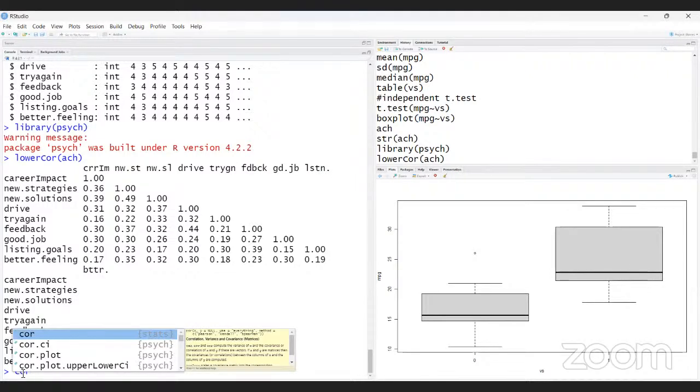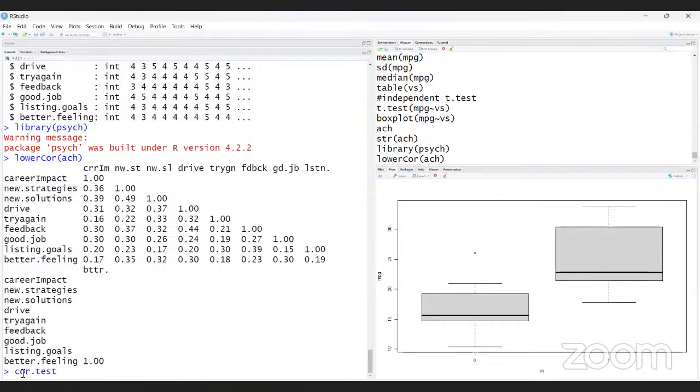cor.test, ACH dollar career impact, comma, ACH dollar try again.